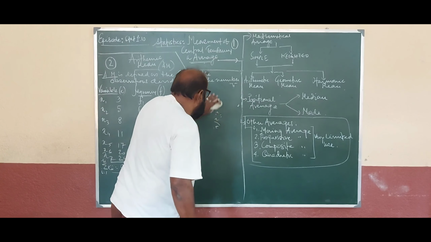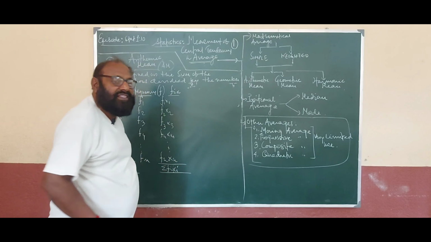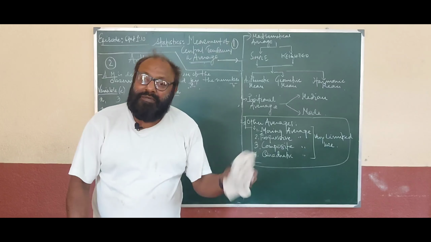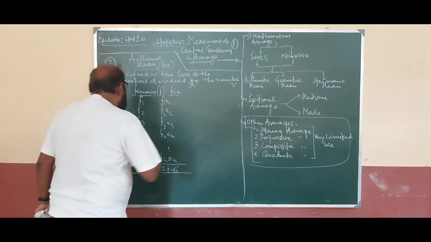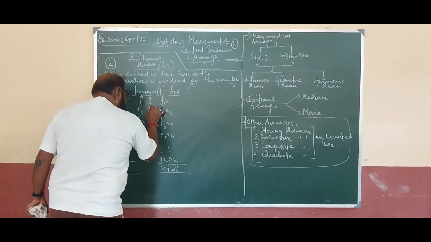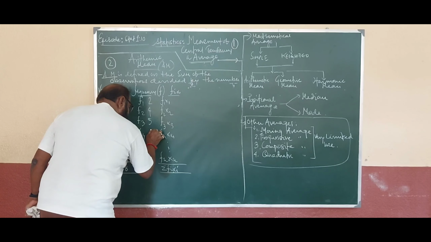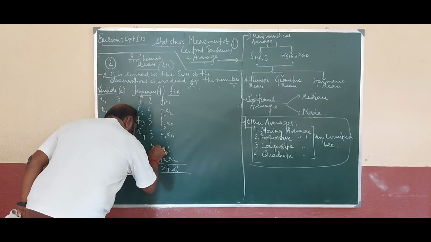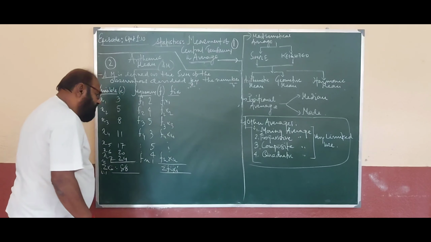Now when the frequency is given, you know, frequency is the number of times an observation occurs. In that case, what will you do? Say here is frequency 2, here is frequency 4, here is frequency 5, here is frequency 3, here is frequency 5, here is frequency 4, and here is frequency 1.